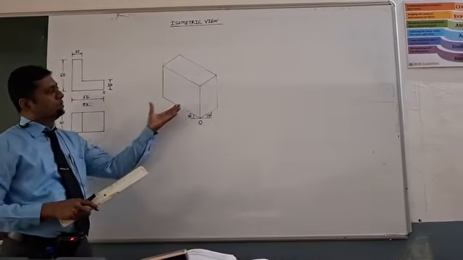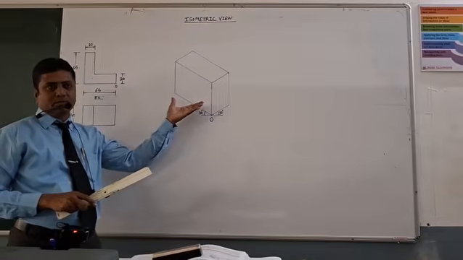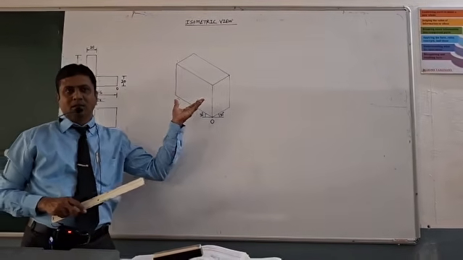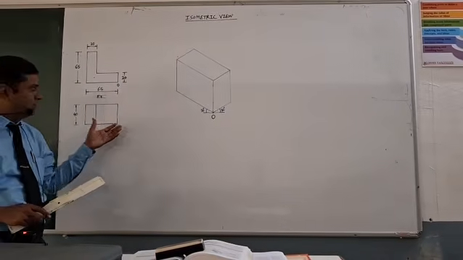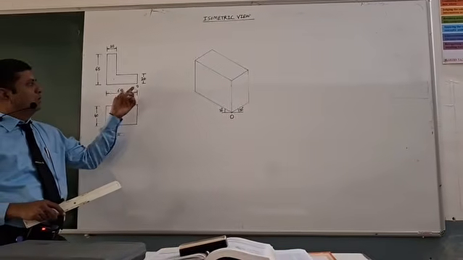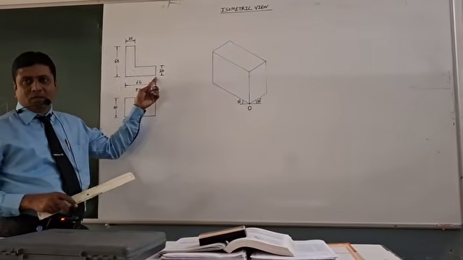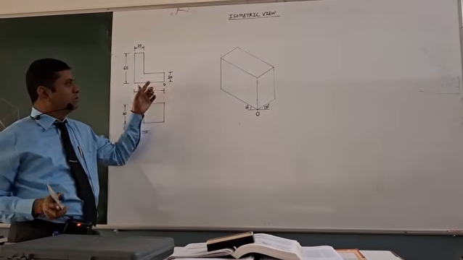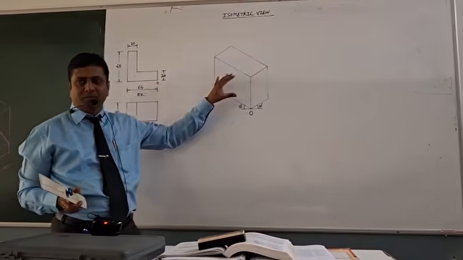Now I have created this cube. A cube of any length you can create, but for simplicity I have used this dimension. I told you O is towards the right, so this front view you have to insert in the left plane.